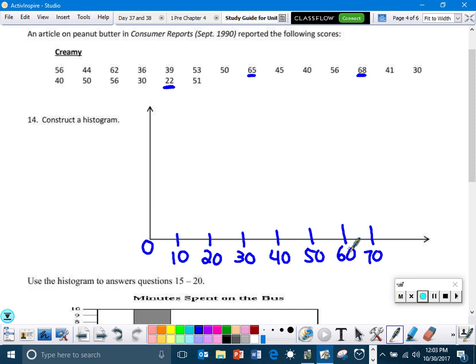Now, the frequency is how many numbers there are. And again, most of the time you count the frequency by ones. And that's what I'm going to do here. I'm going to count up to, it looks like I should go up to only 5. 1, 2, 3, 4, 5.